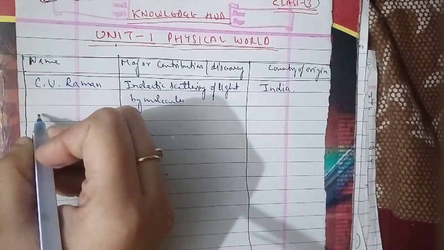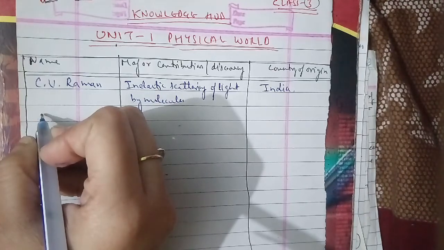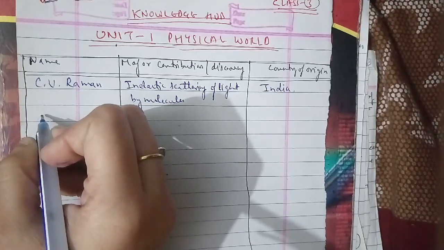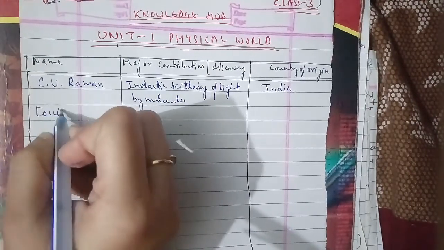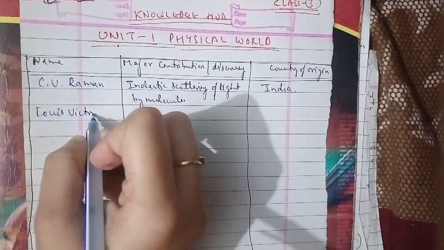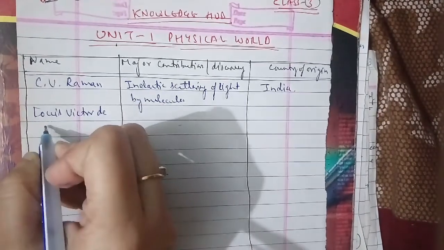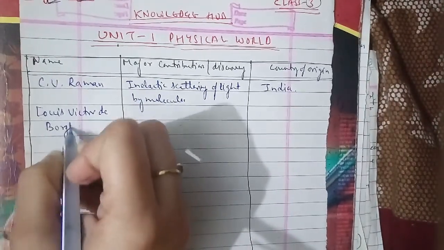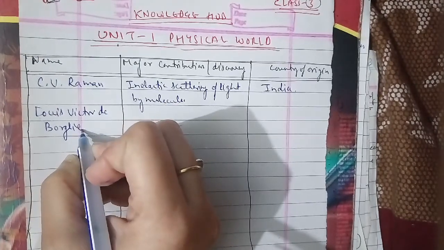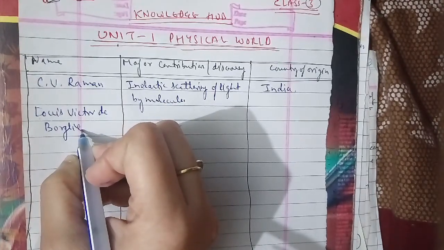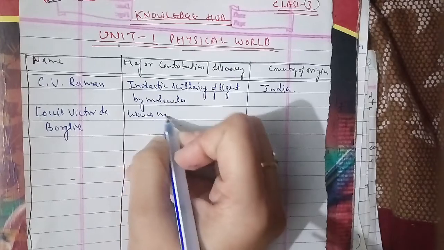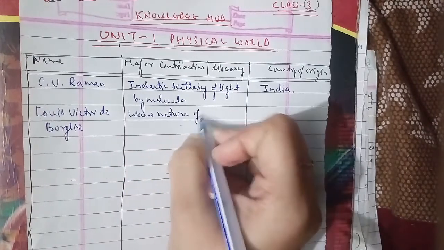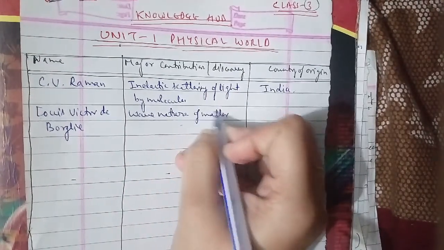Another physicist is Louis Victor de Broglie. His major contribution and discovery is the wave nature of matter, and the country of origin is France.